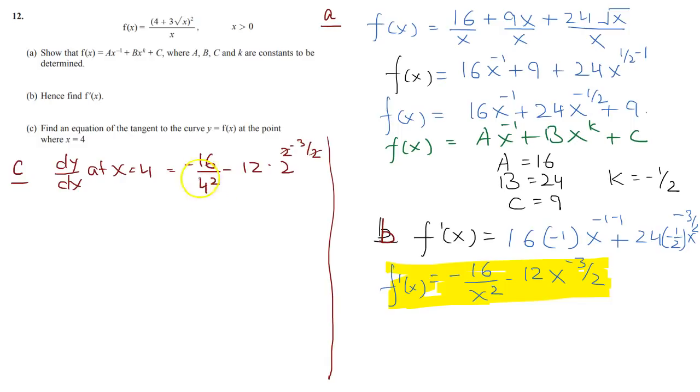This 2 and 2 cancel. This is minus 1 minus 12 over 8. So that is equal to minus 8 minus 12 is minus 20 over 8.